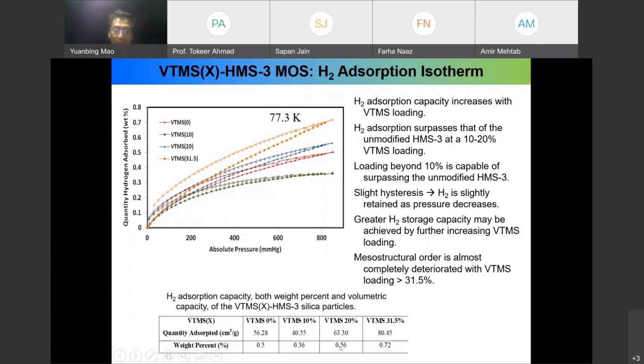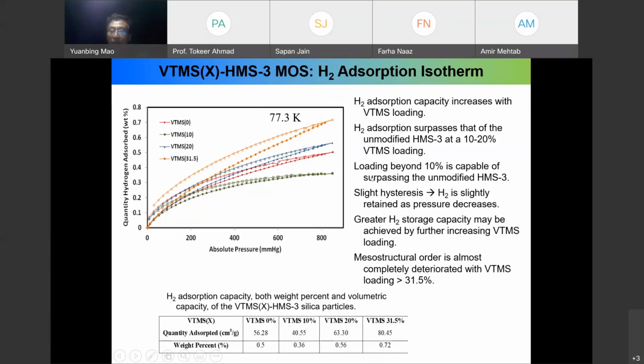And then the weight percentage is highest when the VTMS is 20% and 31.5%. It can reach 0.72%. While for this one, you will see there is a decrease, right?